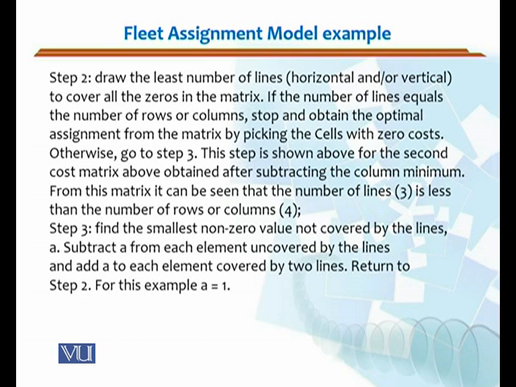What is step 3? Find the smallest non-zero value not covered by the lines and call it A. Subtract this A value from each element uncovered by the lines and add A to each element covered by 2 lines. तो आपने क्या करना है, जितने भी आपने जो पहले लाइंस ड्रॉ की हैं, you can verify that for the row column minimum table, the new matrix, we can cover it with 3 lines.